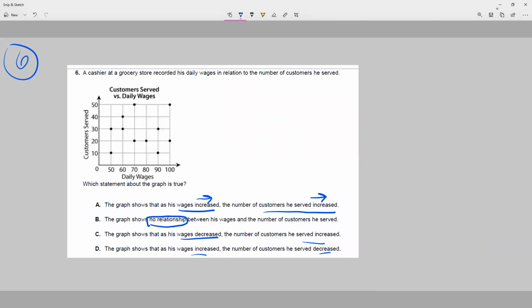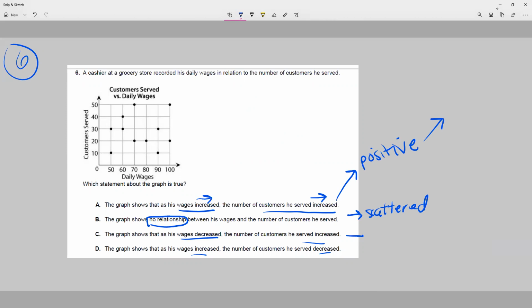So you're kind of just trying to pay attention to which direction the line would go. If something was increasing, that's when you're talking about having a positive slope where both things are going up at the same time. So it's going to be moving upward. No relationship means it's going to be scattered everywhere. Like they just don't really look like they make a line. They're just kind of all over the place.